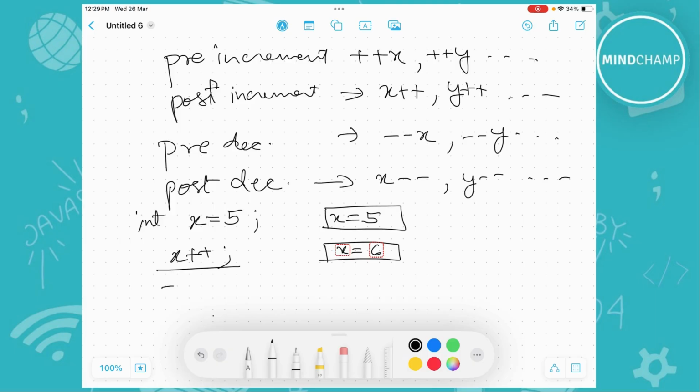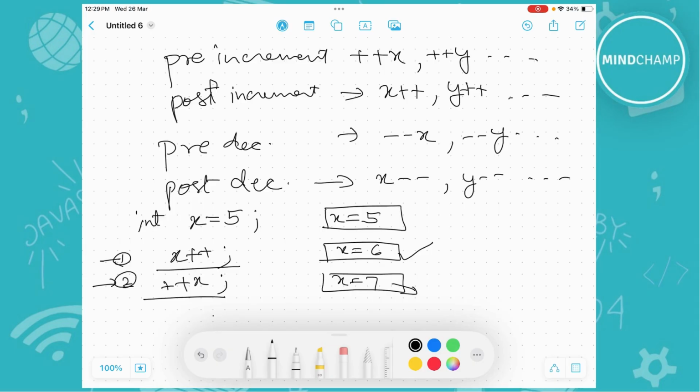Similarly, even when you say plus plus x, okay, so this is my first statement and this is my second statement. So after this first statement, the value of x has become 6 in the memory. Now the current value of x is 6. Now if I execute this statement, it will become 7 in the memory, and that is what it will be used.